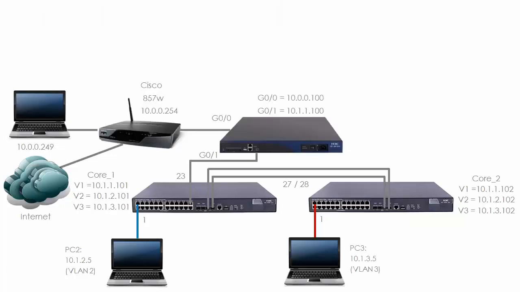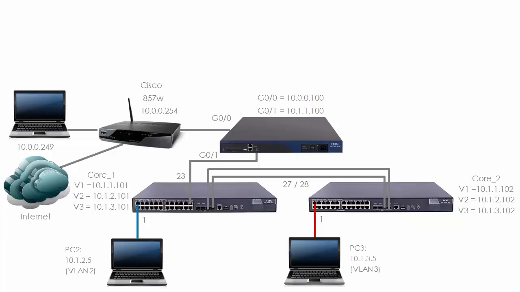Now the topology works because core 1 is doing inter-VLAN routing for VLAN 1 and VLAN 2. Core 2 is doing inter-VLAN routing for VLAN 1 and VLAN 3.